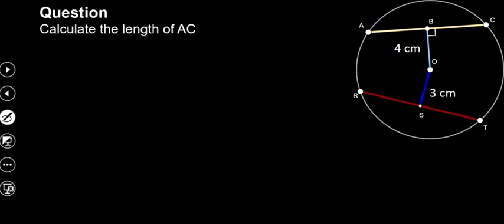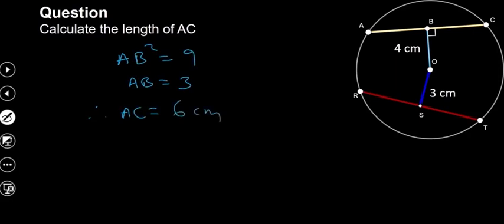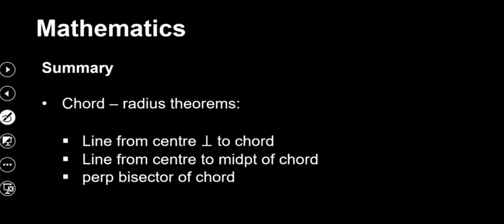So we are now on AB squared is equal to 9. It means that AB is equal to 3. Therefore, AC will then be equal to 6 centimeters. And that's where I leave it. Easy peasy, lemon squeezy.